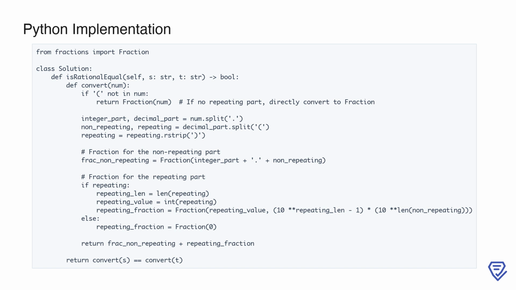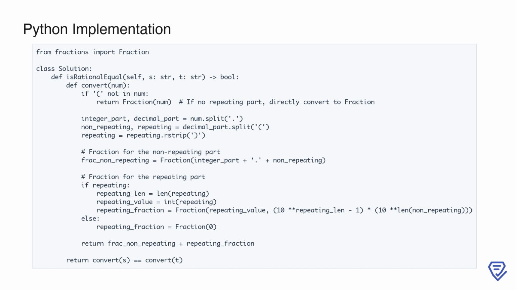If the input string does not include a repeating part, indicated by parentheses, it directly converts the string to a fraction using Python's Fraction class. If the string contains a repeating part, it splits the number into its integer, non-repeating decimal, and repeating decimal parts. For instance, 0.1(6) is split into an integer part 0, a non-repeating decimal part 1, and a repeating decimal part 6.